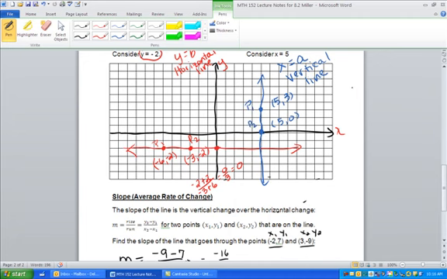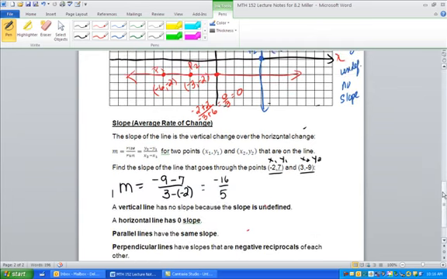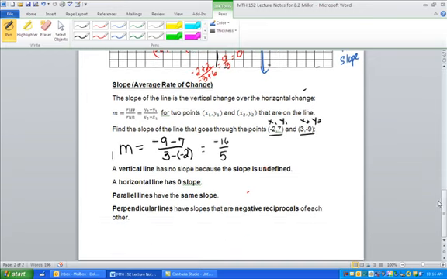So we're going to have 3 minus 0 over 5 minus 5, which is 3 over 0, and that would be undefined. Sometimes we say a vertical line has no slope. So a horizontal line has 0 slope, a vertical line has no slope because the slope is undefined.